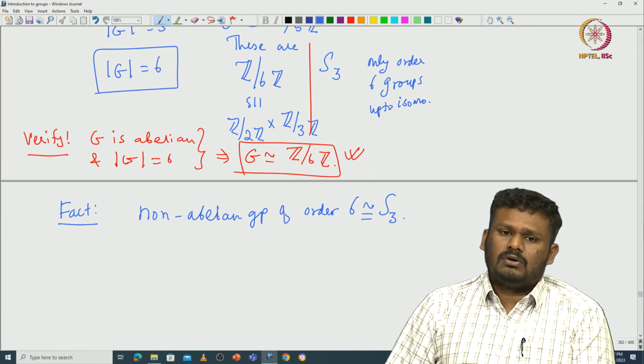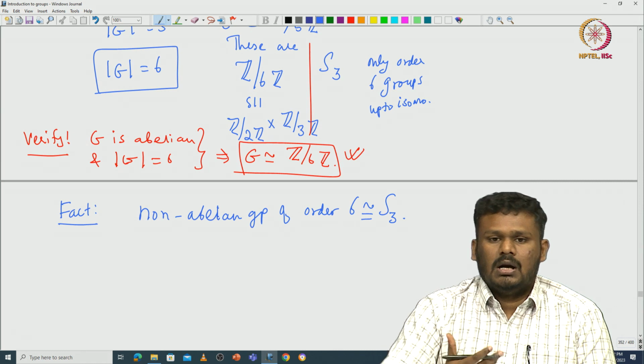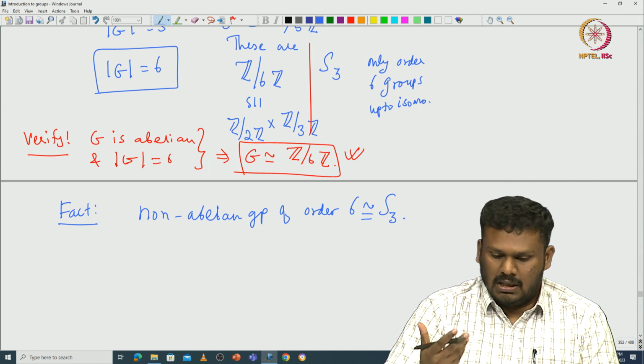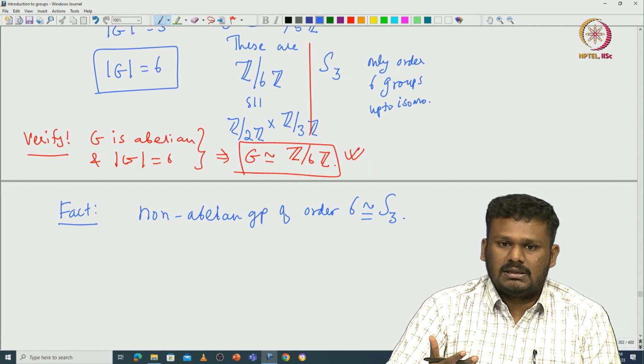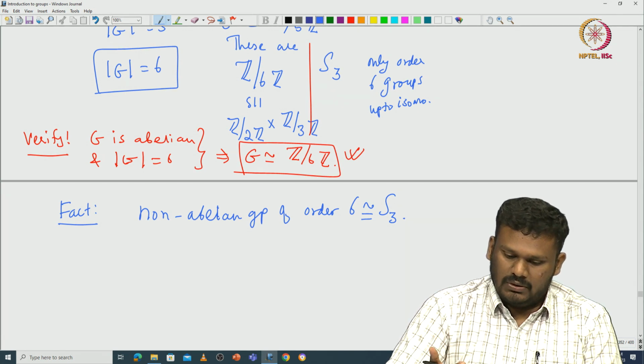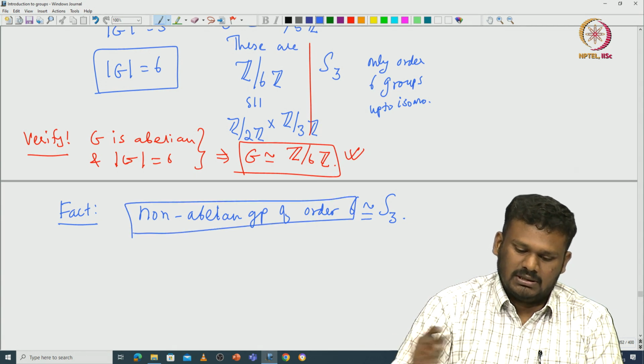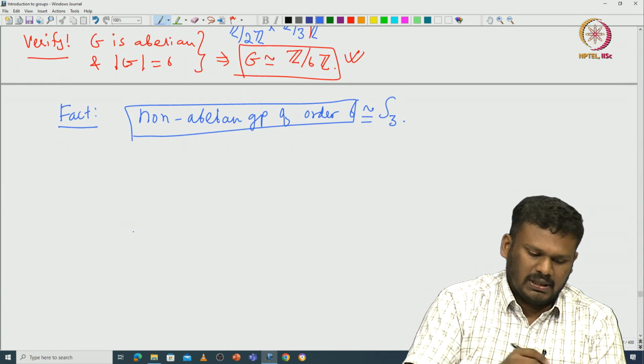So, that means you have to find some set that has exactly 3 elements, and then we have to say that this group naturally acts on that set. Okay.